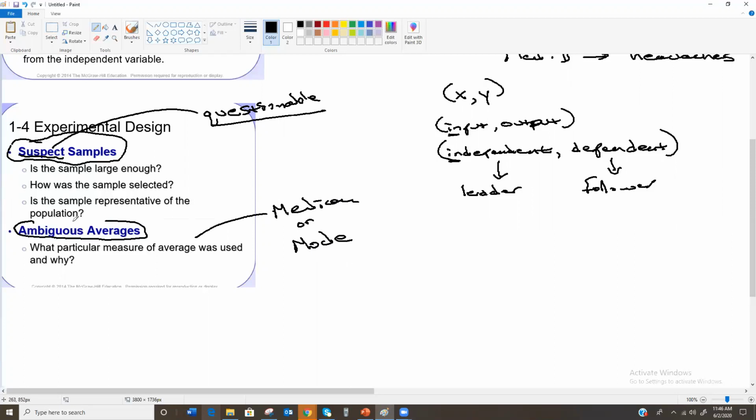Why did you use that instead of the other? The typical way is to give the mean. Why did you use the median or the mode? Are you trying to make things look different? Are you trying to sway the viewer? Or was there actually a reason that you did it? So ambiguous averages, giving the median or the mode without explaining why, because the typical thing would be the mean.